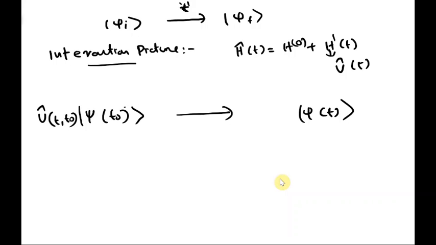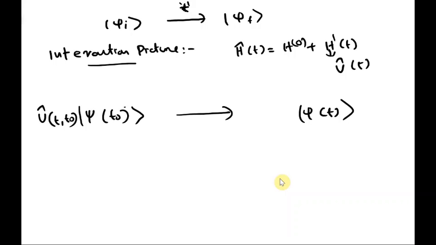This is a way we can convert between a time dependent wave function and a time independent wave function. Suppose in the Schrodinger equation you are using the time dependent wave function, say psi of t; you can convert that into the time independent form. See this quantity over here, this is time independent because this is the initial wave function, and the initial wave function is going to be the same irrespective of the time, right?